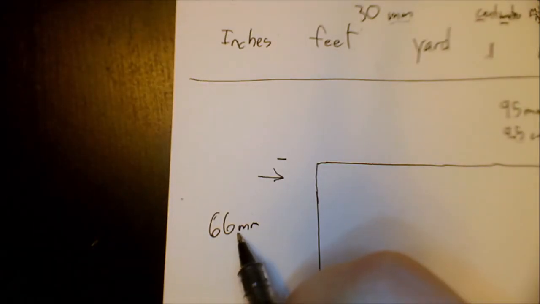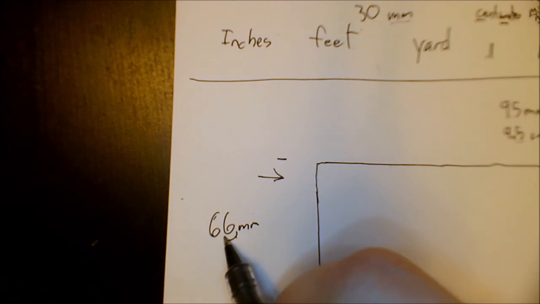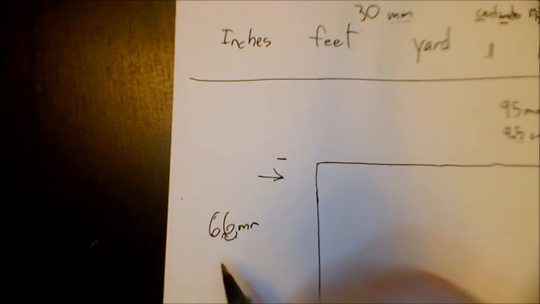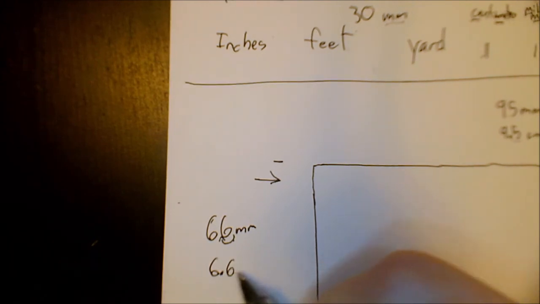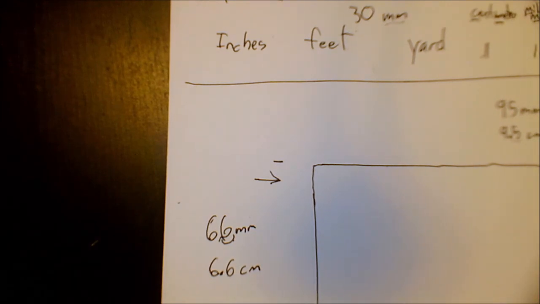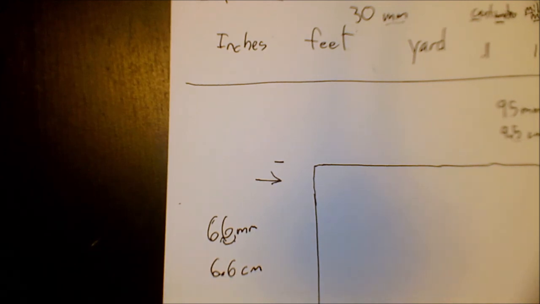How do we convert that into centimeters? Well, we take our decimal point and we just move it over. 6.6 centimeters. And that's all there is to it. Basically, if you're going from millimeters to centimeters, you're going to put a little dot in between the two numbers. And that's how you measure sides.